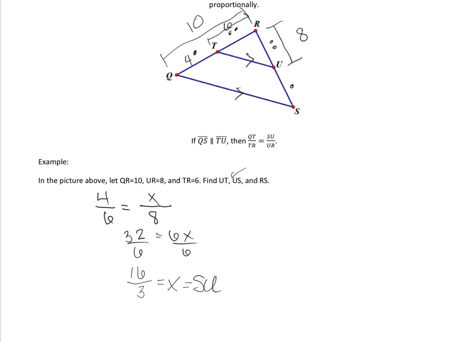RS is 8 plus 16 over 3. Well, I'll put 8 in terms of 3, which is 24 over 3 plus 16 over 3, which gets me 40 over 3 for RS.